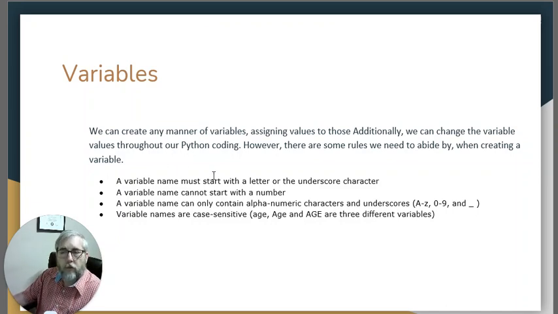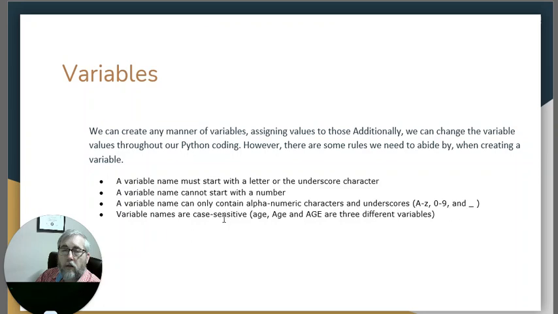Some of the rules are that a variable name must start with a letter or an underscore character. It cannot start with a number. It can only contain alphanumeric characters and underscores, such as A through Z, 0 through 9, and the underscore.